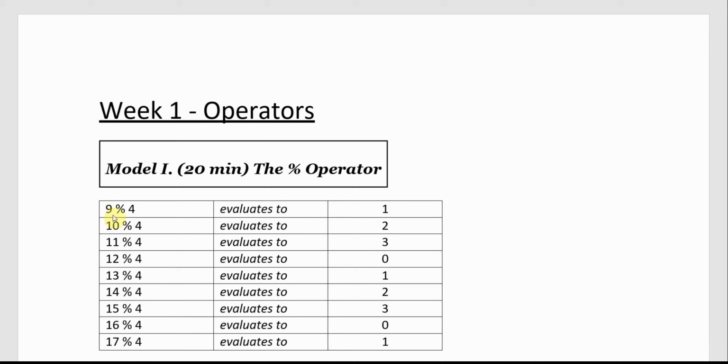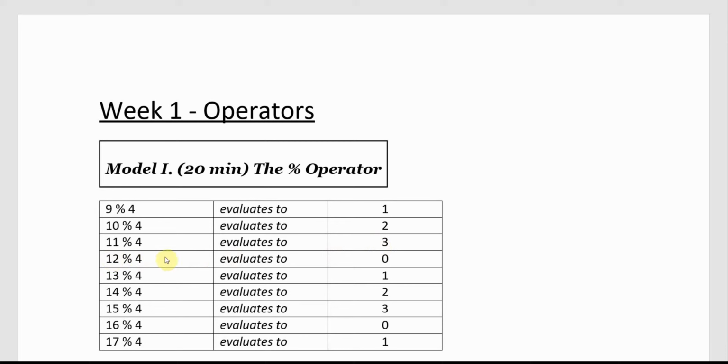What this table means is that this integer, which is a number without anything to the right of the decimal, is divided by this other integer, nothing to the right of the decimal, and whatever the remainder is goes in this third column. 9 divided by 4 is 2, remainder 1. 10 divided by 4 is 2, remainder 2. 11 divided by 4 is 2, remainder 3.